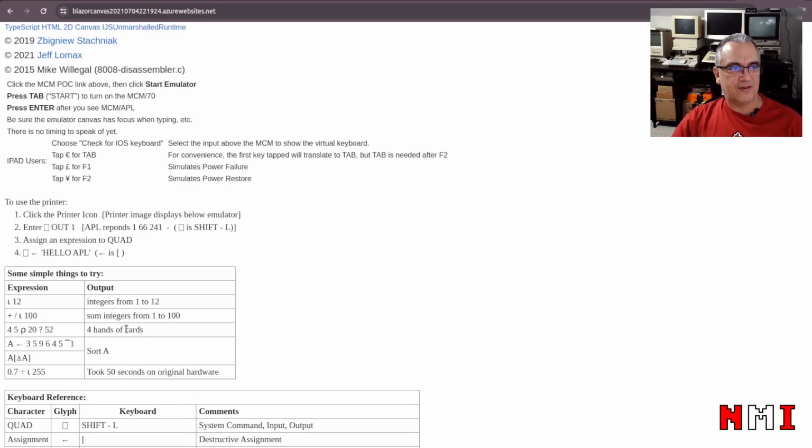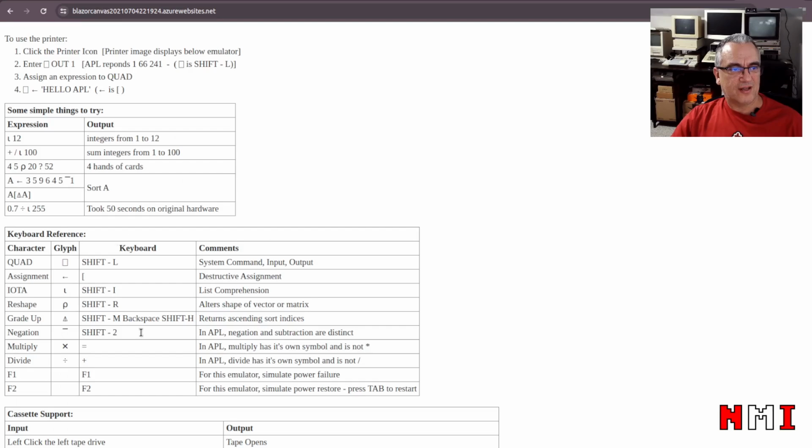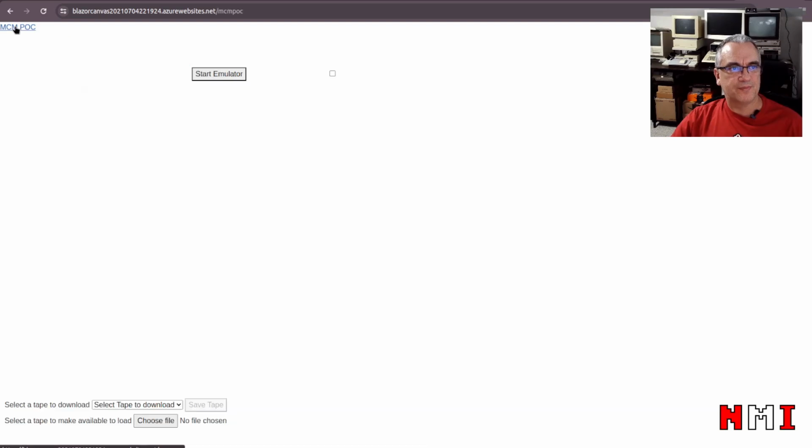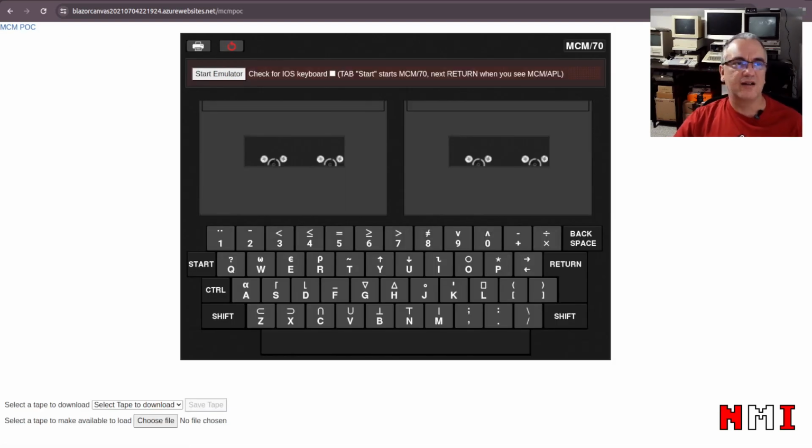So here they have a few tips of how it operates. And then where's the link? Oh, here on the very top. So you have to click on this link on the very top, and here we are. So this is the emulator.